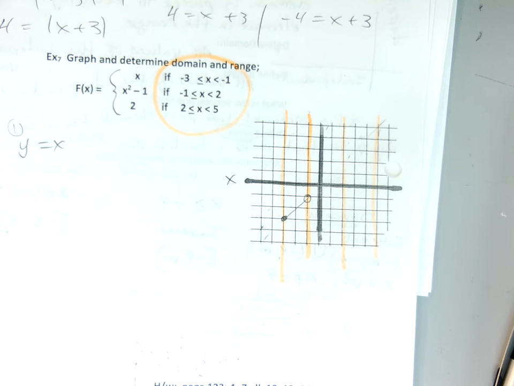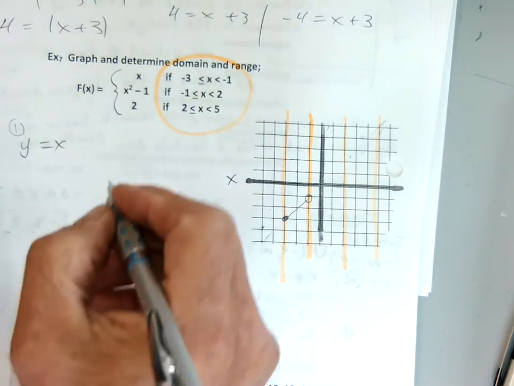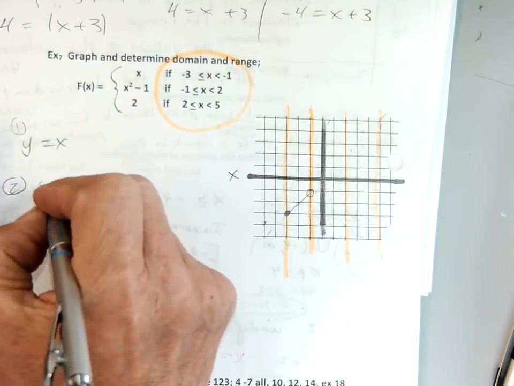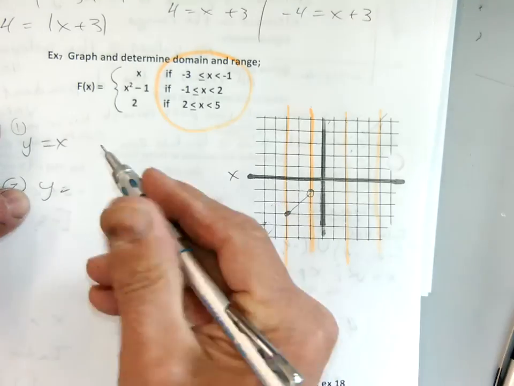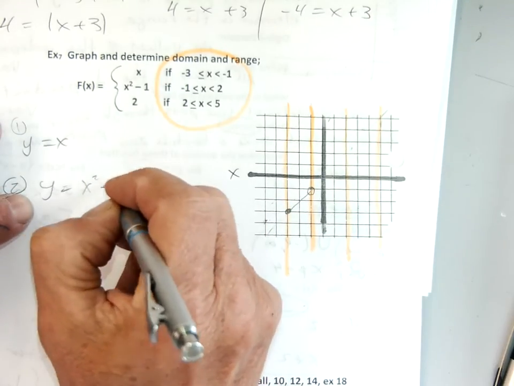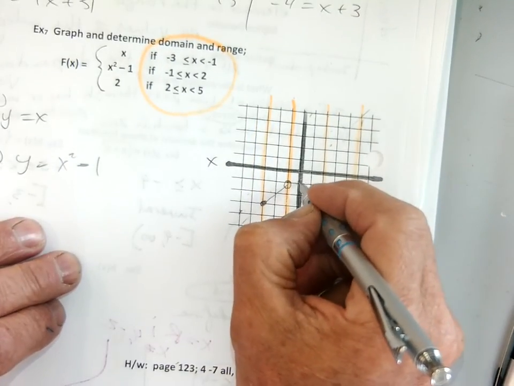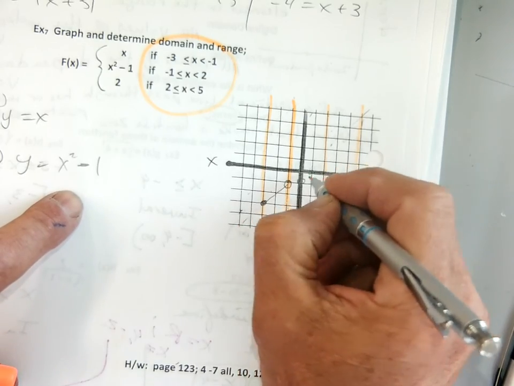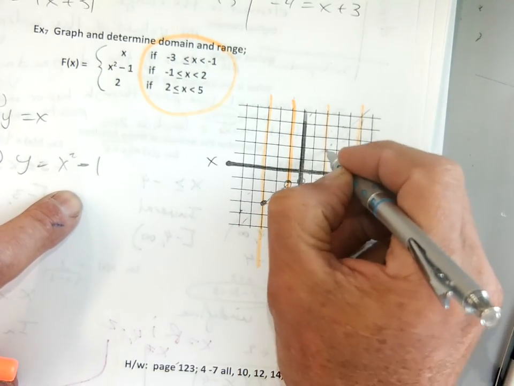Now, second graph, y equals x squared minus 1, goes in my other piece, right? So how does that graph look? Well, it's a parabola, I know that. So graph number 2 looks like y equals x squared minus 1. Start at negative 1, up 1 over 1. It's going to be a parabola, 1, 2, 3, 4.